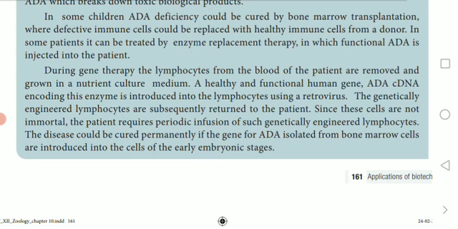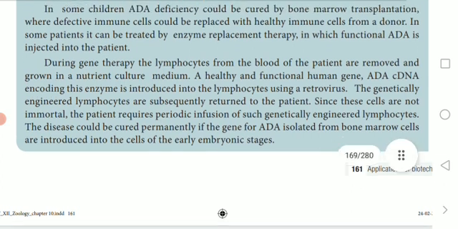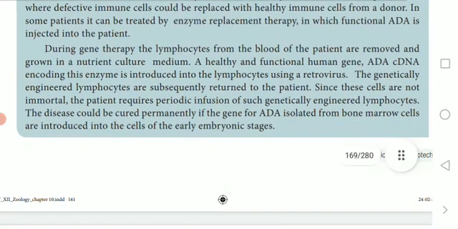During gene therapy, the lymphocytes from the blood of the patient are removed and grown in a nutrient culture medium. A healthy and functional human ADA cDNA, encoding this enzyme, is introduced into the lymphocytes using a retrovirus.